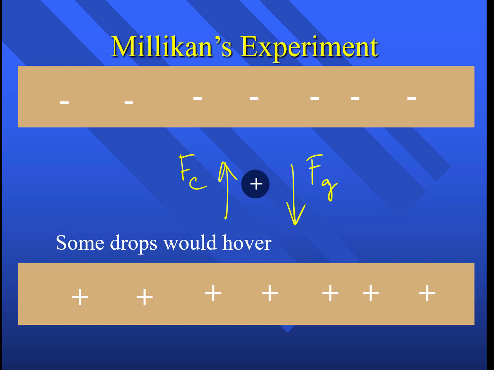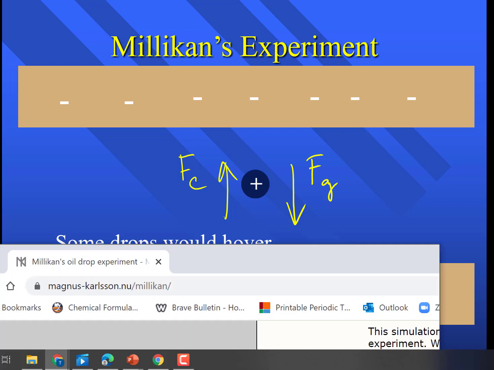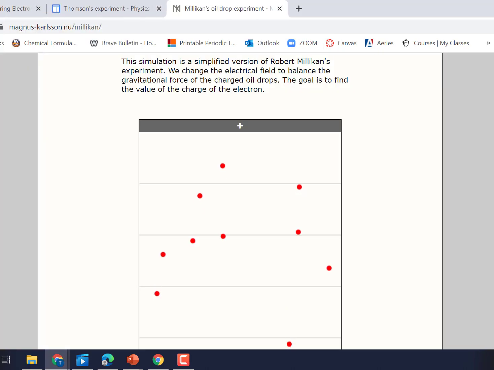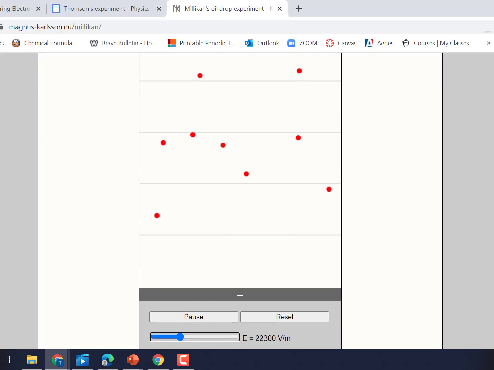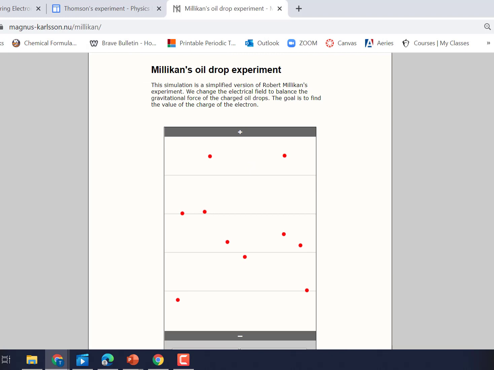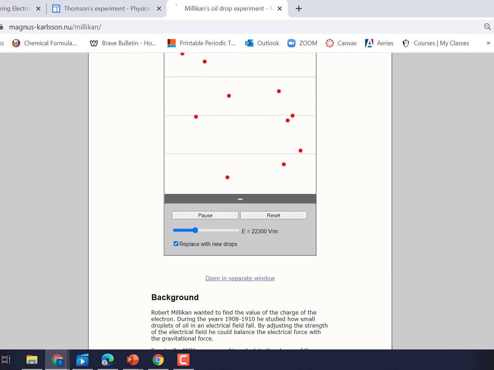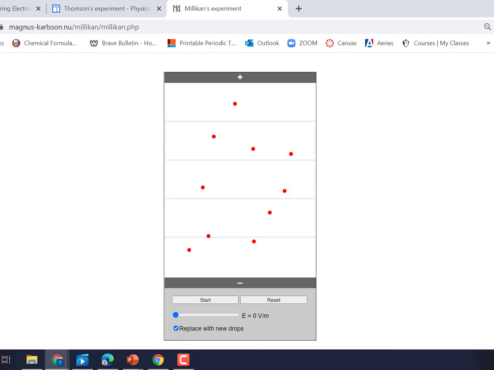So let's see if I can show you what we're talking about there. I haven't gotten good at this yet, but okay. So this is a simulation. So we've got oil drops.